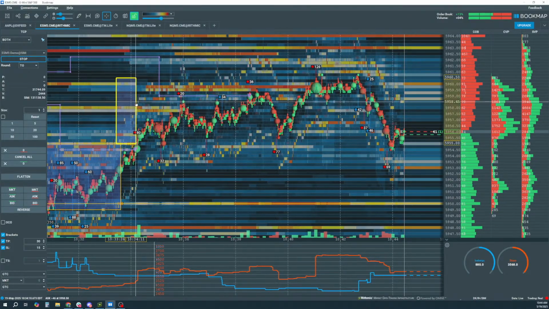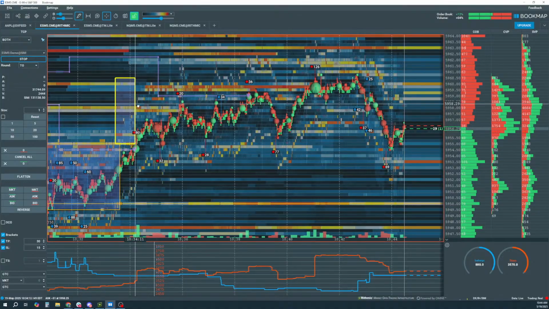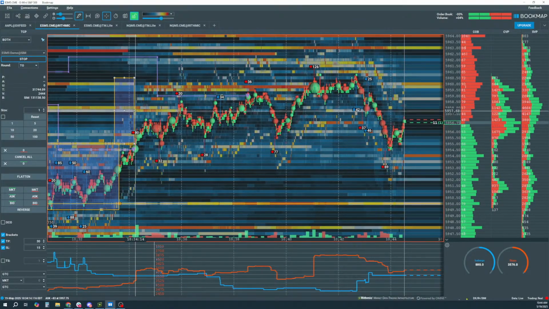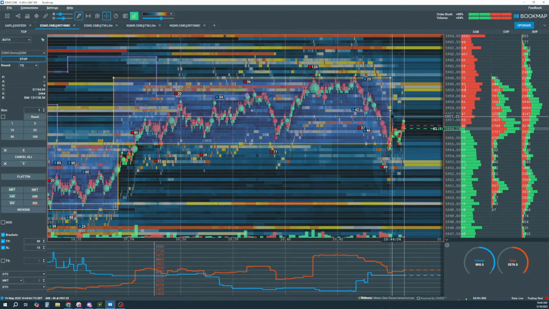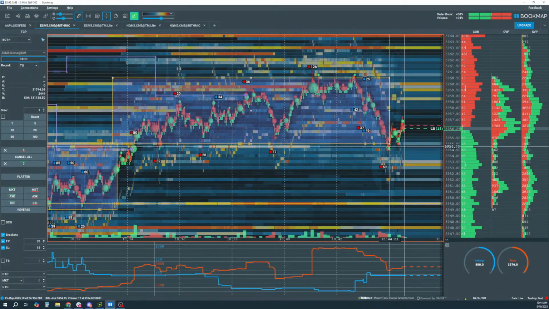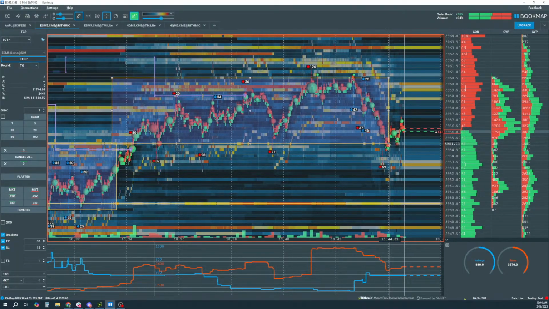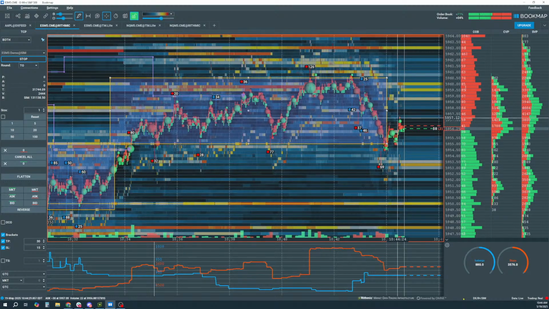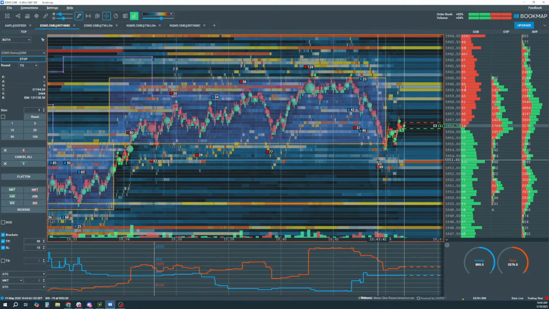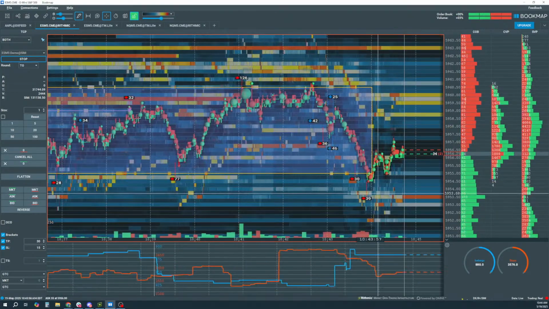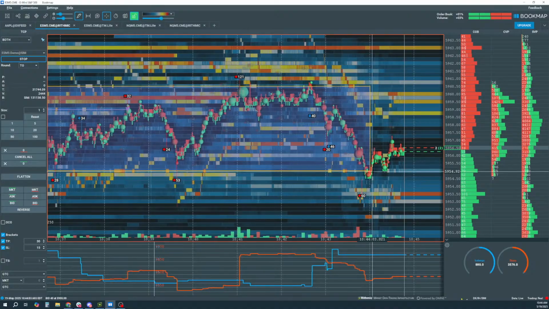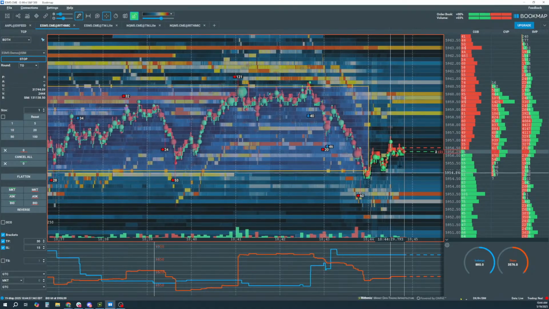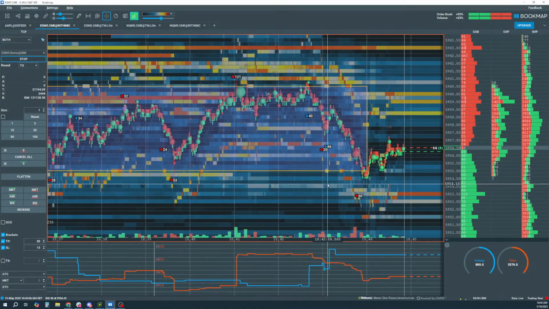This whole area here would be your value area. Our measured move turns into our value area now, as you can see. So maybe this is at the bottom of value, so it's at a discount. So trade it back into value, however you want to trade. Now, if you were looking for that though, what would you want to see? That would help in the order flow in that area.